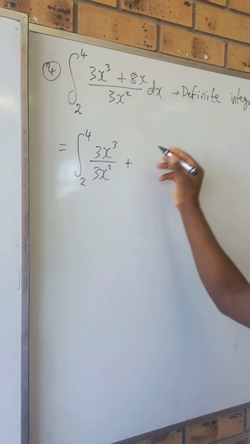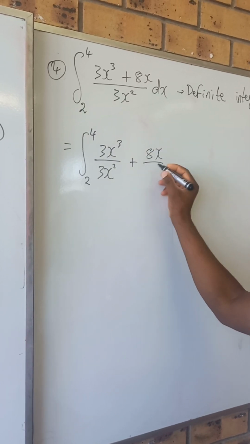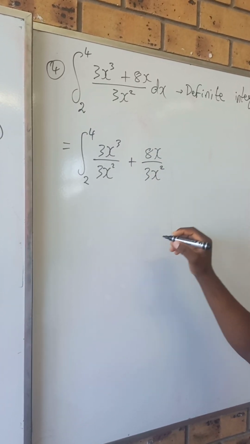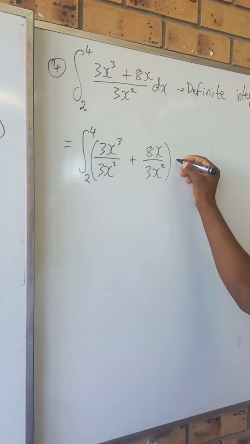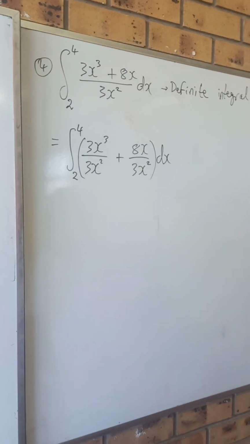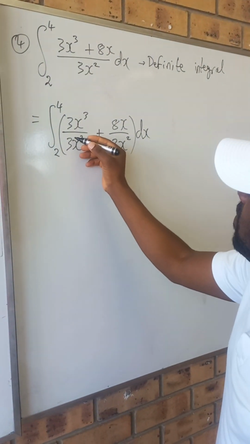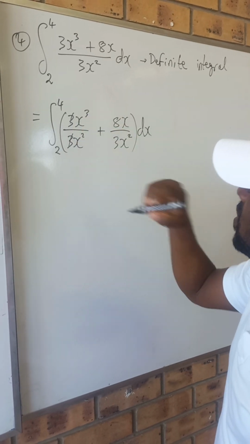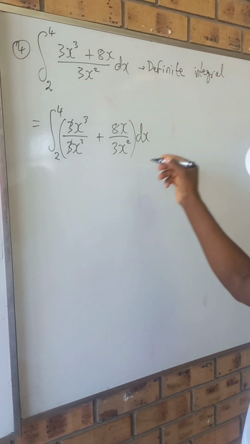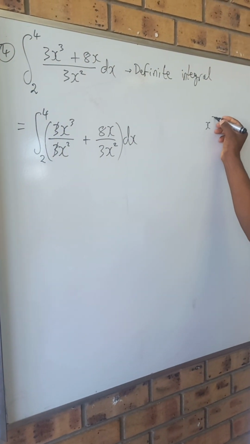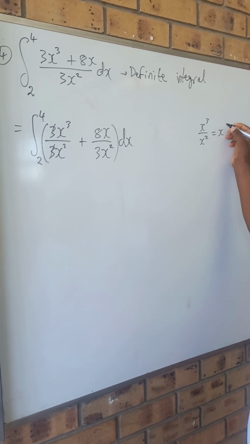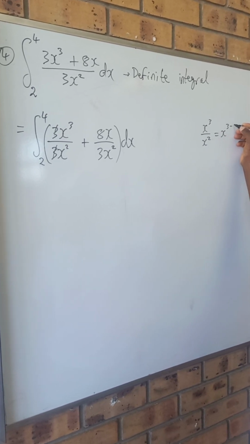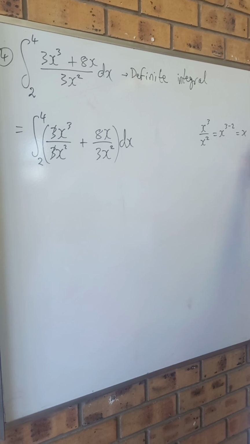Then I also give it to 8x, because it is called the lowest common denominator. Anything that is common means everybody has it. So here, if I simplify, 3 will take care of itself. Then to simplify this, I use simple laws of exponent. x cubed divided by x squared will mean, according to laws of exponent, x to the power 3 minus 2, which is a simple x.